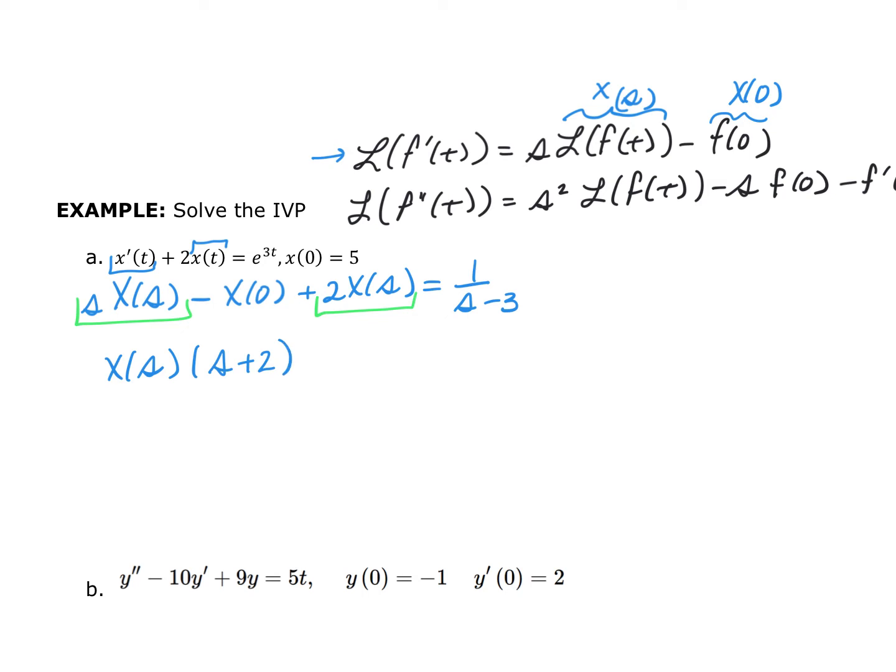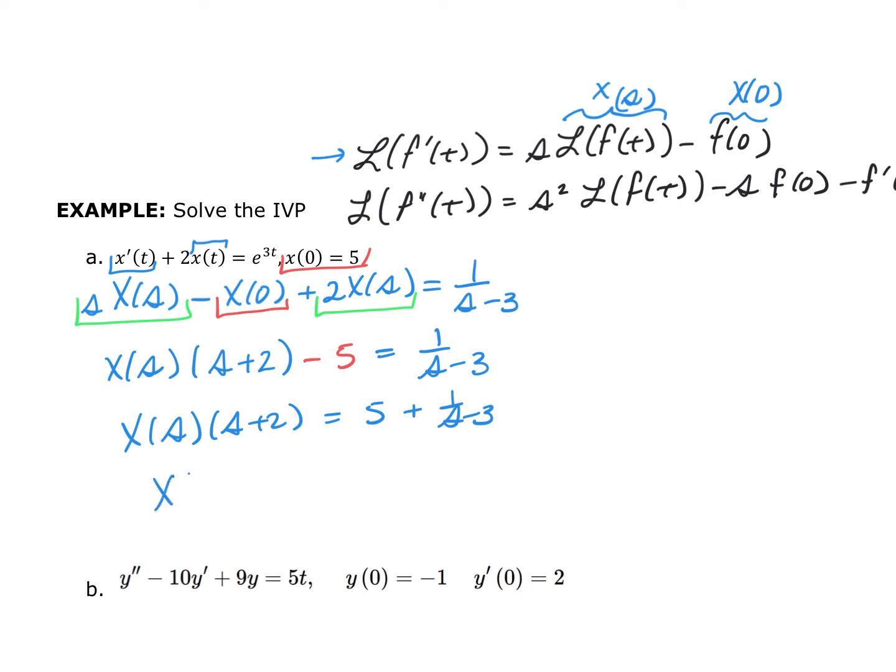My initial condition gets replaced with 5. So minus 5 is equal to 1 over s minus 3. So I have cap X of s, s plus 2, is equal to 5 plus 1 over s minus 3.